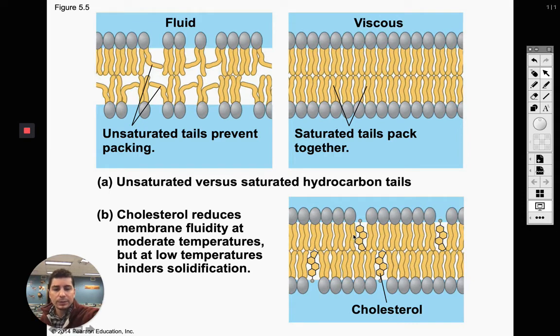Now, the other thing we're going to talk about down here is cholesterol. You guys can see there, cholesterol reduces membrane fluidity at moderate temperatures, but at low temperatures it hinders solidification. So let's talk about what's going on here. Let's say we'll talk about fish. We have fish, and it's cold. They're way, way north, okay? So cholesterol hinders or stops the membrane from becoming solid.